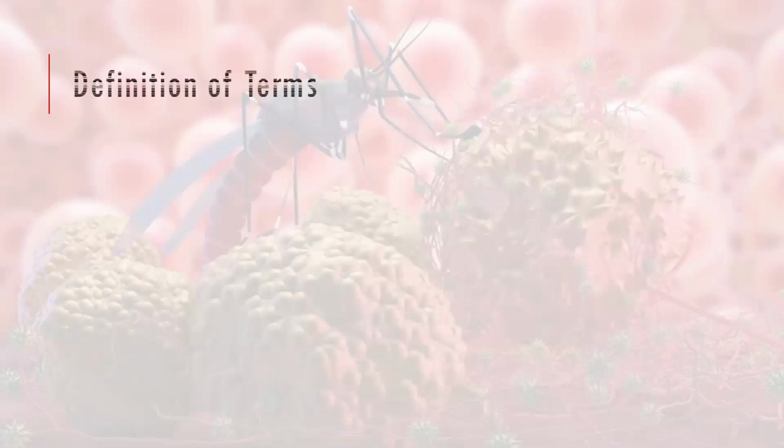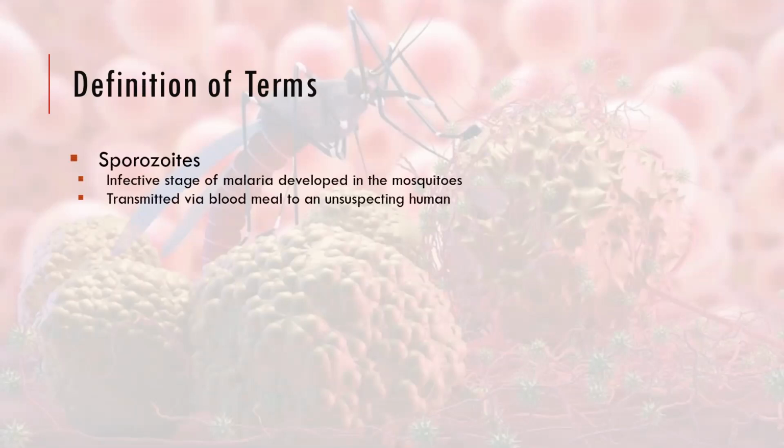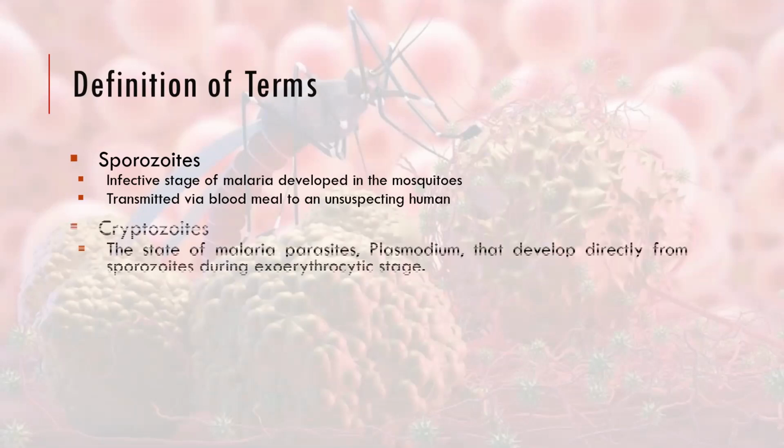Now, for the definition of terms, let's review what sporozoites are. Again, sporozoites are the infective stage of malaria developed in the mosquitoes and transmitted via blood meal to an unsuspecting human. Cryptozoites is the stage of the malarial parasite, Plasmodium, that develops directly from the sporozoites during the exoerythrocytic stage.